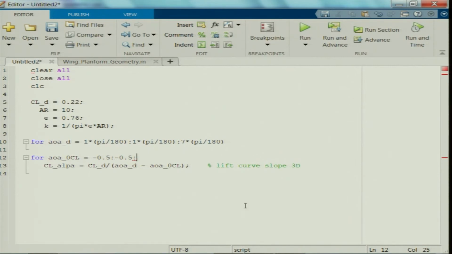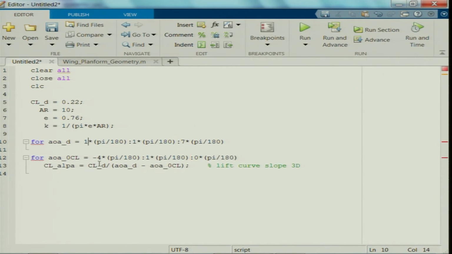It should be varying from say minus 4 degree, times pi by 180, with an increment of 1 degree. So, I am trying to convert this degree to radian here. So, this is pi by 180. So, up to say 0 degrees, let us do that, up to symmetric airfoil, let us say. So, this times pi by 180.